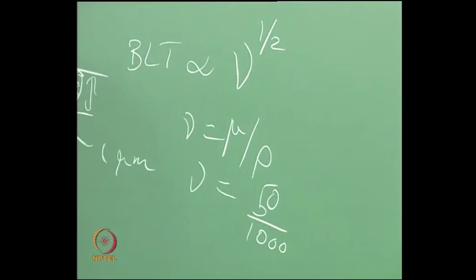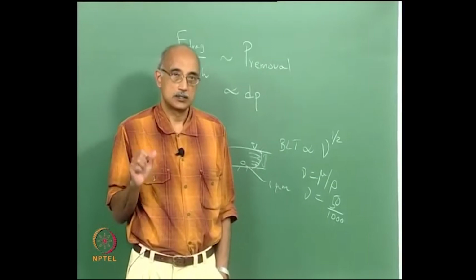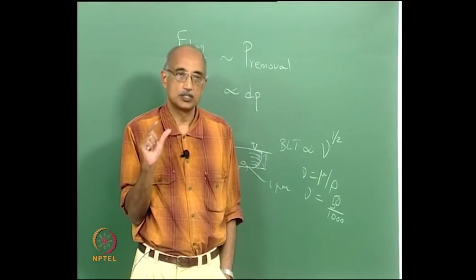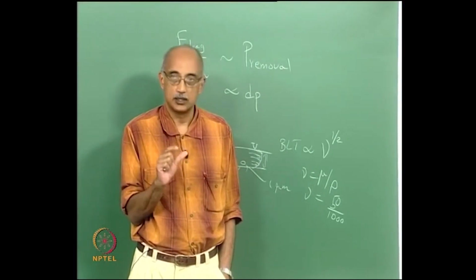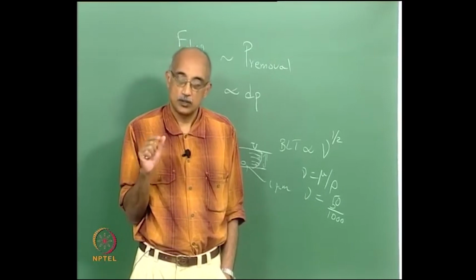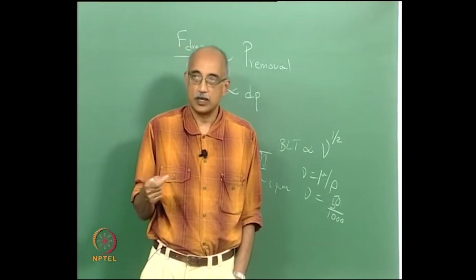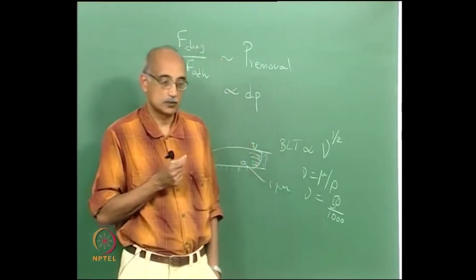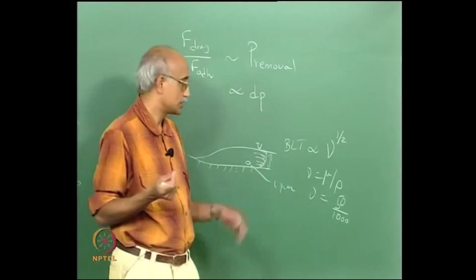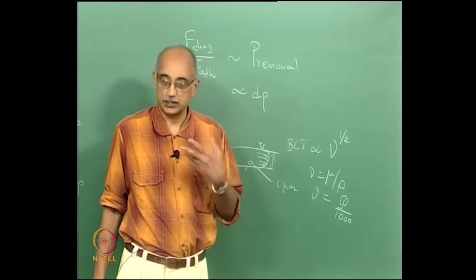So the ratio is actually 1/20. So you take the ratio of that, the boundary layer thickness for a liquid is an order of magnitude smaller compared to a gas. So again, that is the reason why liquid based spray cleaning or shear cleaning is preferred over gaseous cleaning.